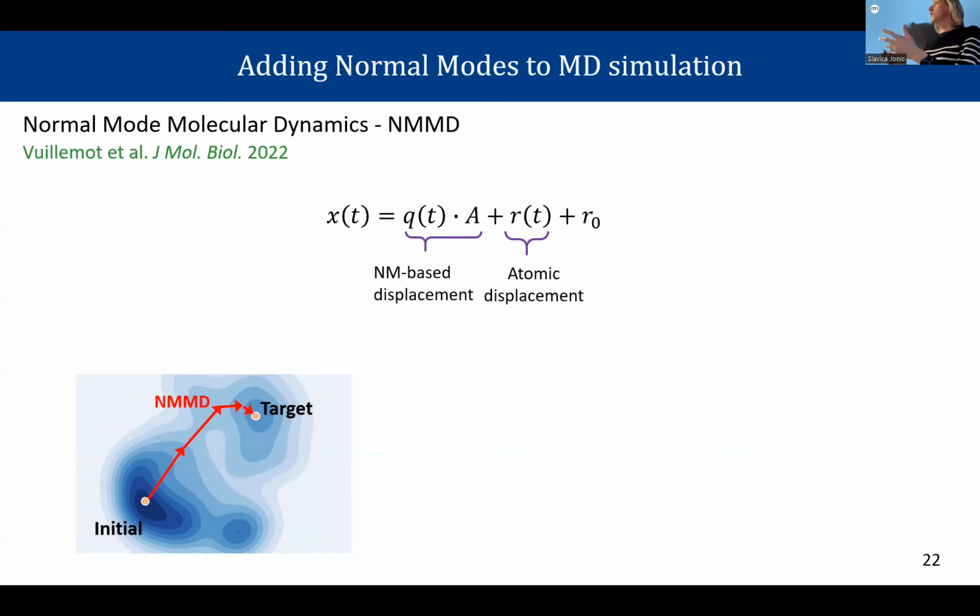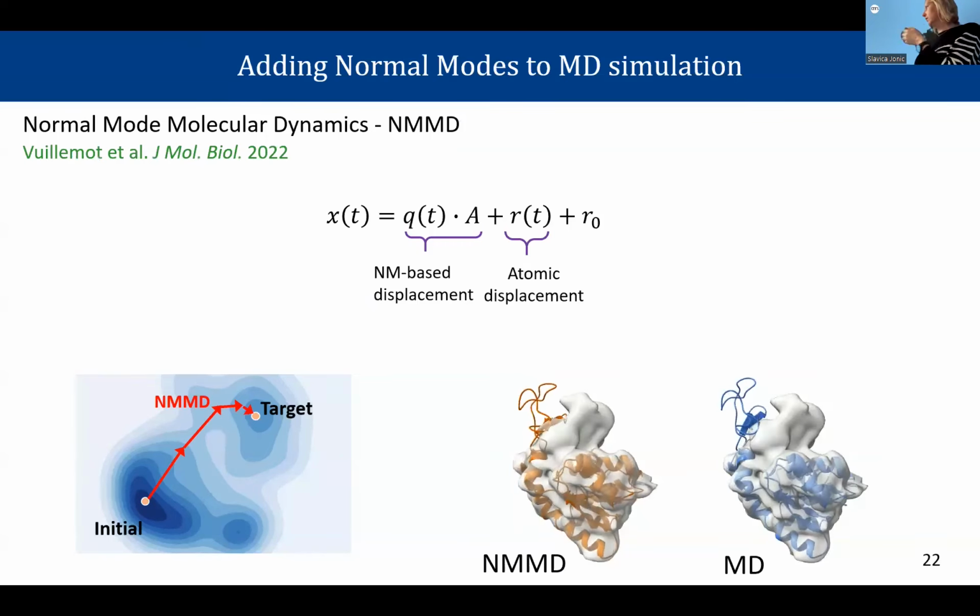And we get high quality models because we are combining normal modes that are fast, but from another side, MD simulation gives high quality models. We can benefit from both. So, this is a comparison of the NMMD method with MD simulation only for fitting of an atomic model into 3D.